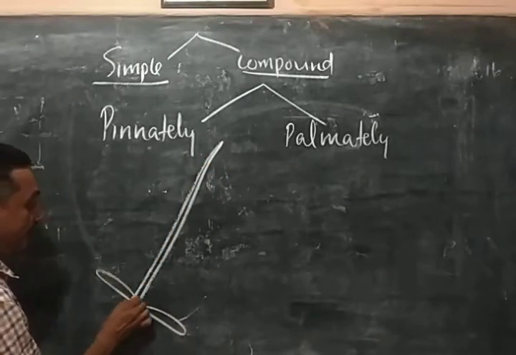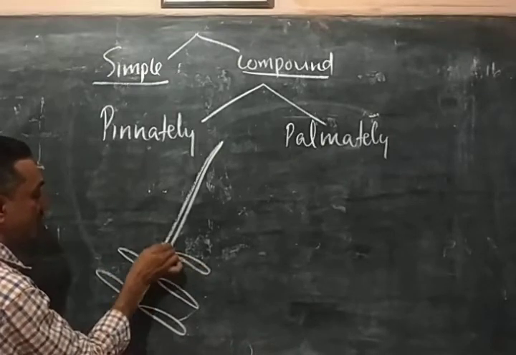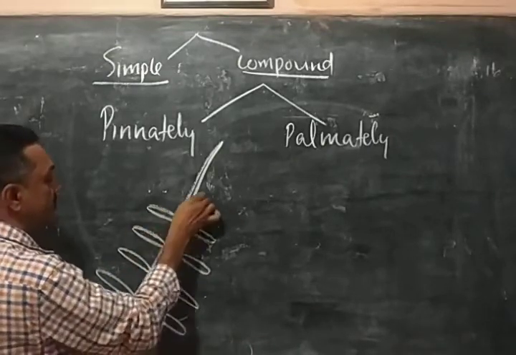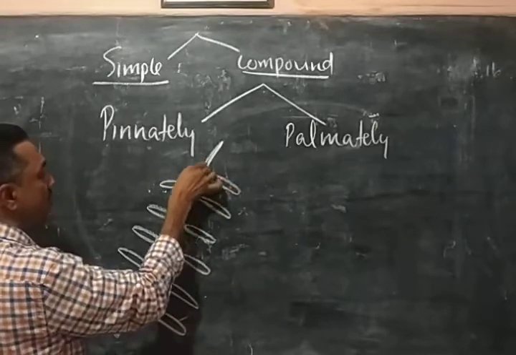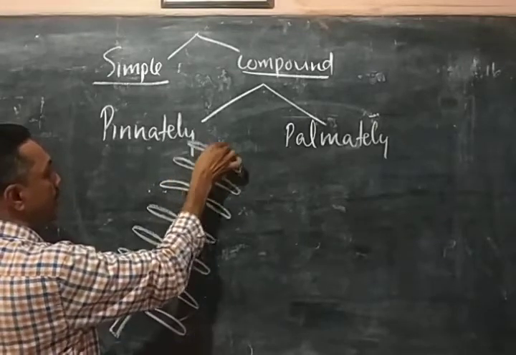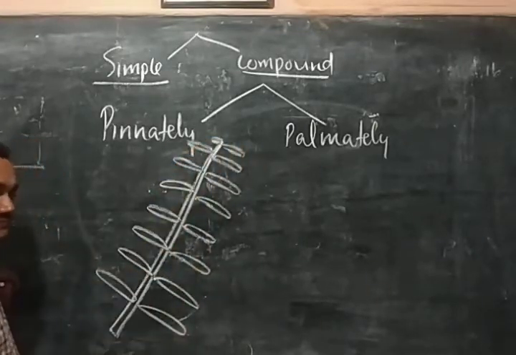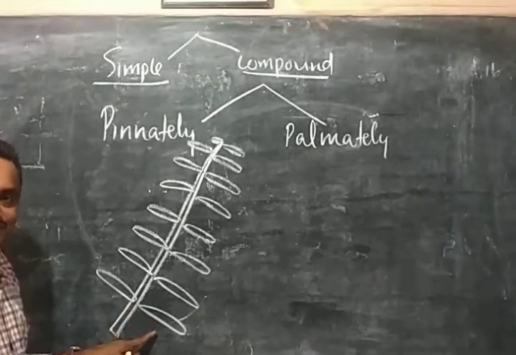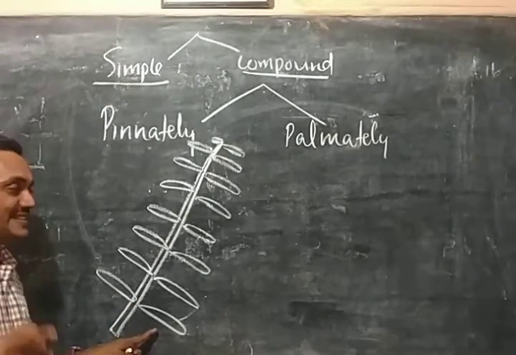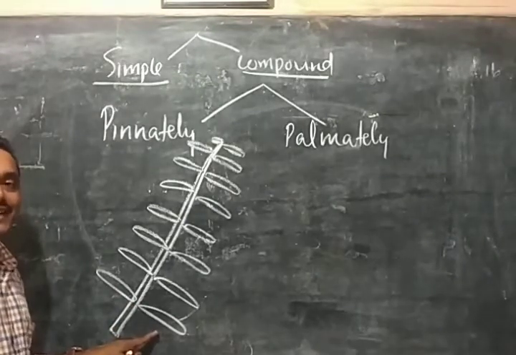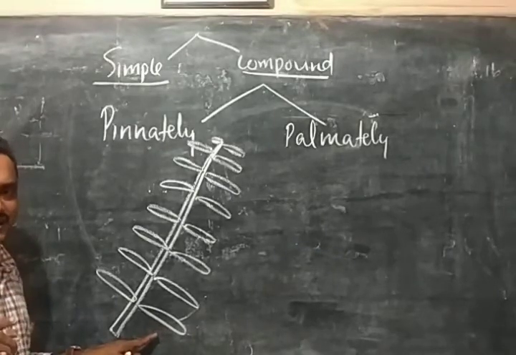Leaflets are arranged from the base of the rachis to the tip of the rachis like a feather. It is called a pinnately compound leaf, as in coconut, arecanut, tamarind, and many other plants.